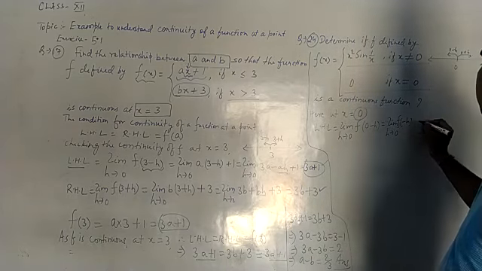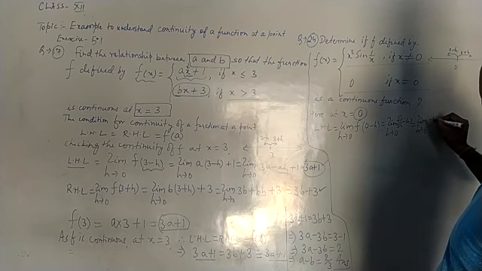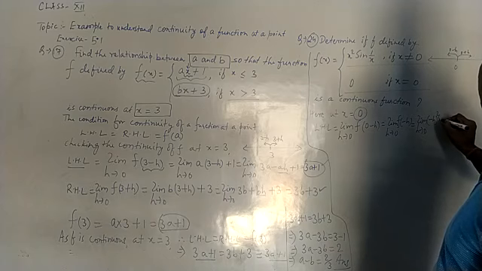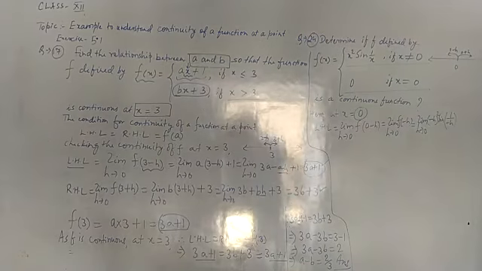That will give you limit h tends to 0, (minus h) whole square, sine of 1 by minus h.